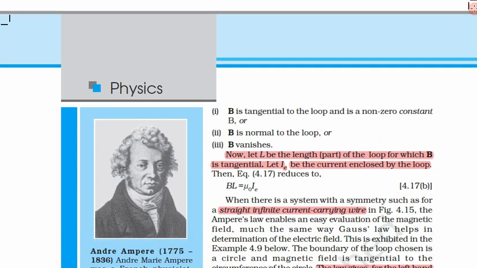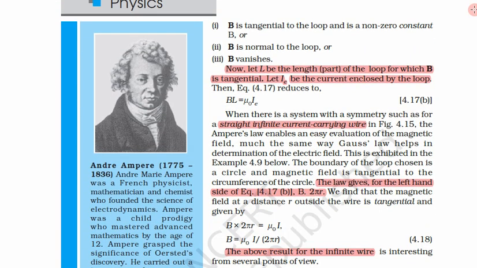For using Ampere's circuital law, we can consider a loop called the Amperian loop. The Amperian loop can be chosen so that B is tangential to the loop. Suppose B is in this direction and we have chosen the loop; at this point B and this small element dl are both tangential, and a non-zero component of B is there.